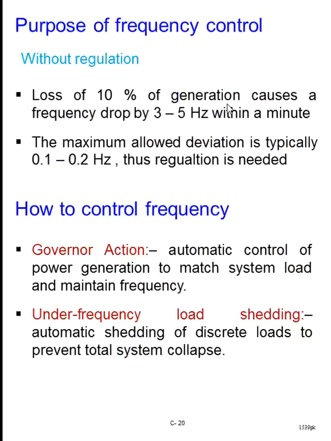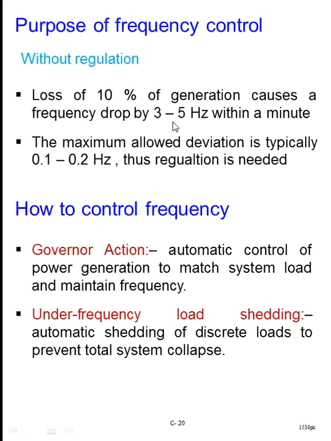Then this will result into a drop in the frequency in this range within a minute. And this drop in the frequency, as I said, will depend upon the inertia and so on. So you can see here that within a minute, 10% disturbance, because loss of 10% generation means you have 10% delta P, active power change. So that may result into frequency drop in this range.